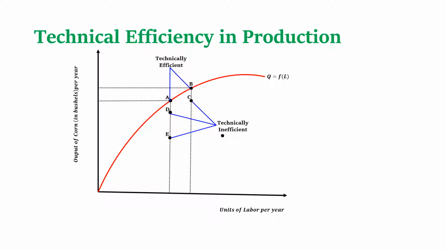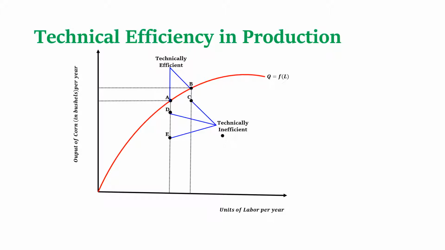Now, why do we say it is technically inefficient? It is because the farm is technically efficient here, given the appropriate technology, he has all the technology at his disposal.